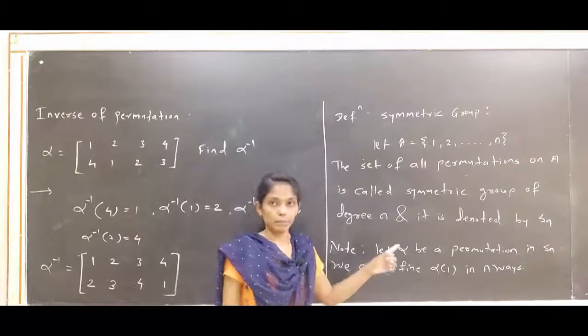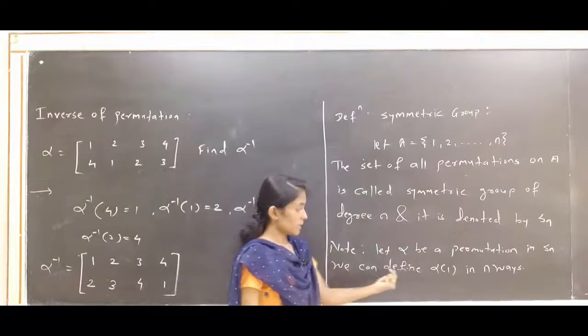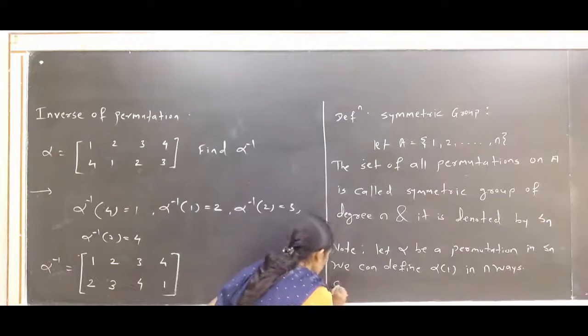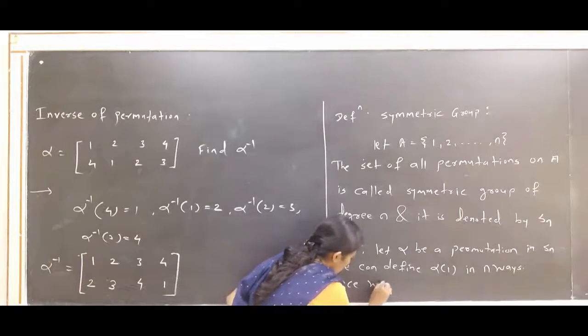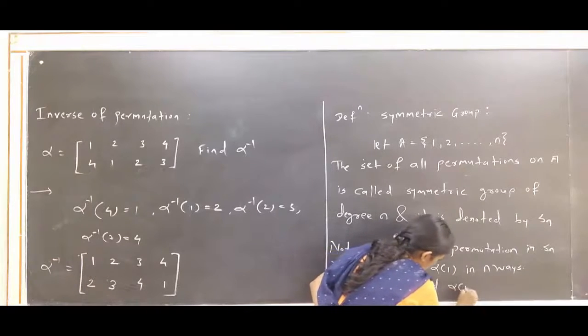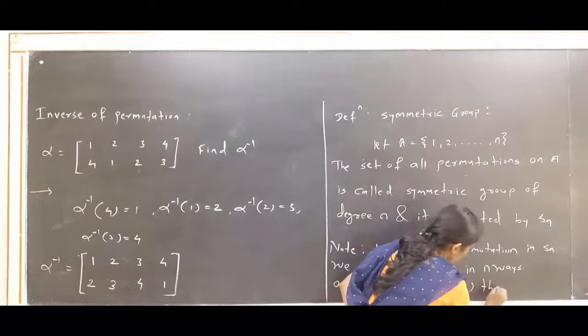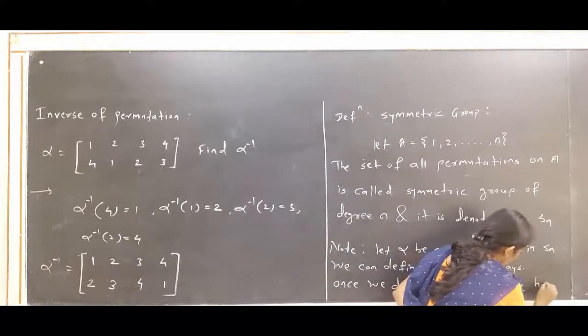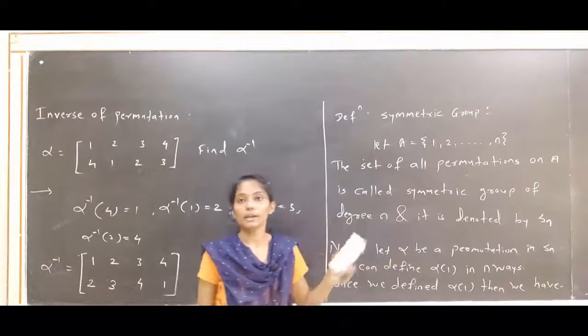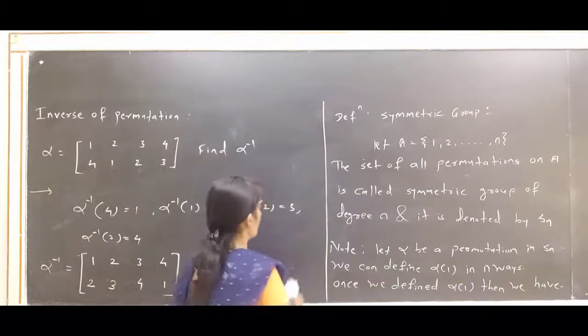We can define alpha of 1 in n ways. Once we define alpha of 1, then we have n minus 1 choices for alpha of 2.